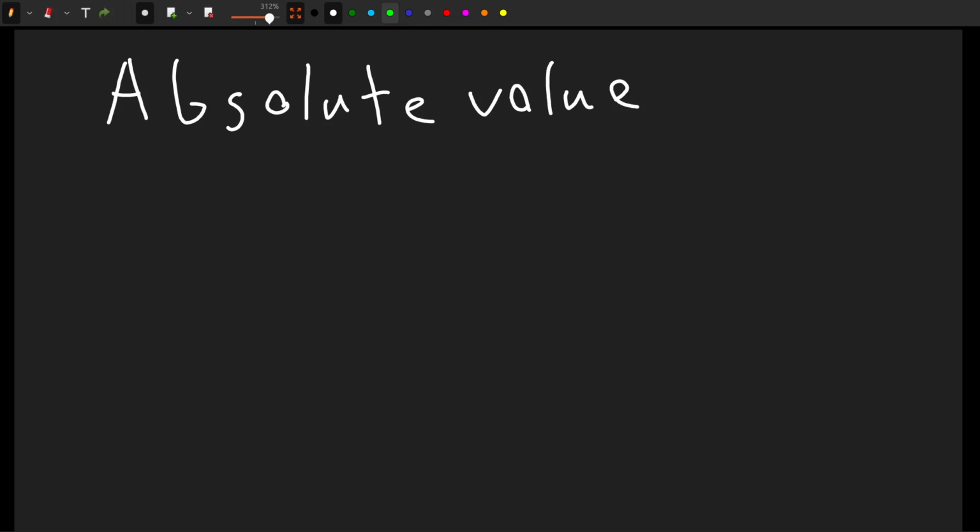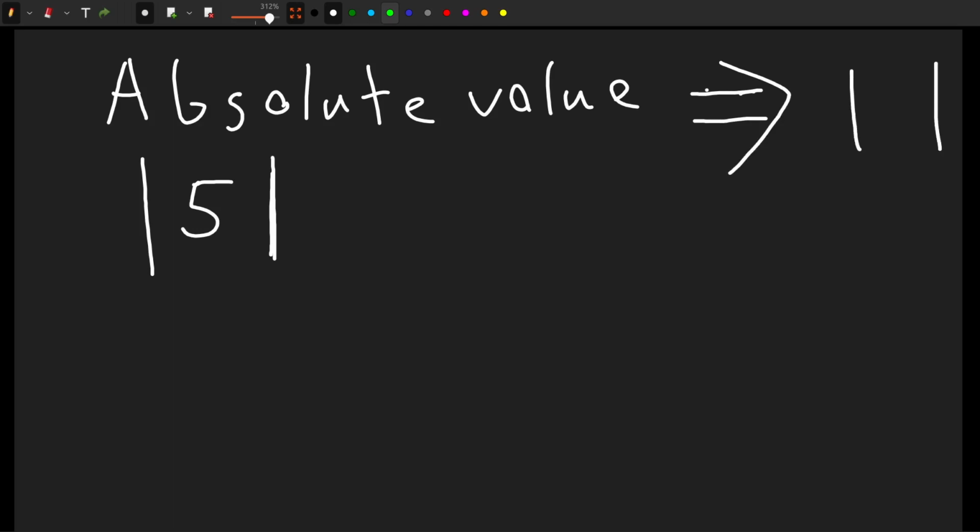Now, the absolute value of any number is the distance between that number and 0. So for example, if I'm looking for the absolute value of 5, which the absolute value, by the way, is denoted by these 2 bars. It's denoted, this is not formal lingo, but it's denoted by the 2 bars.